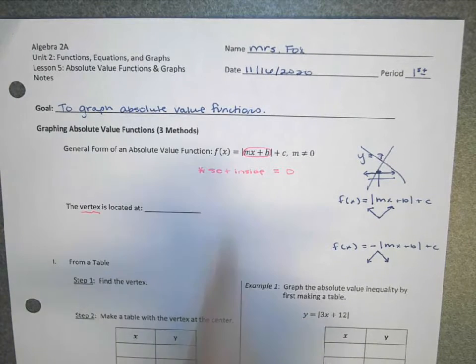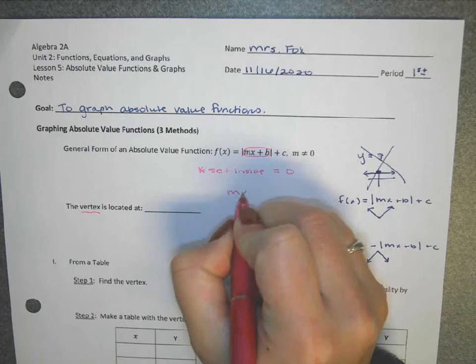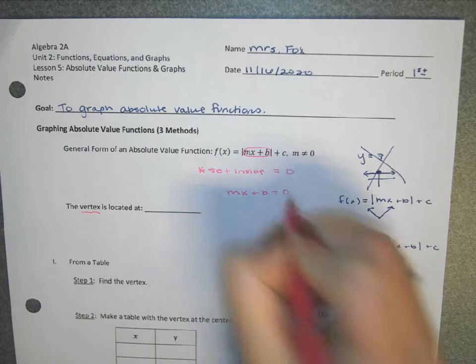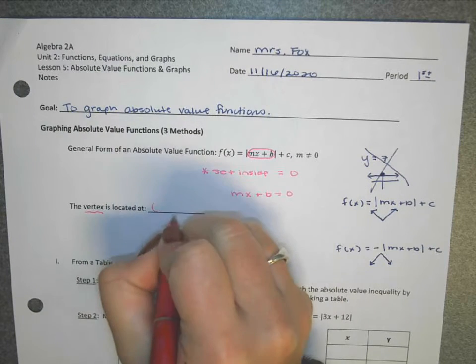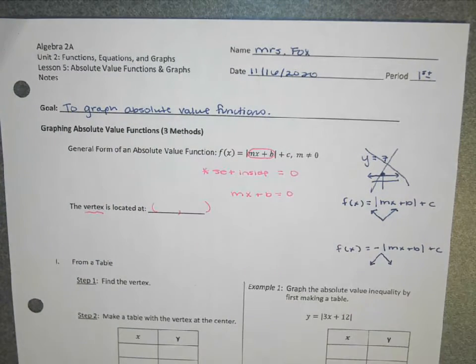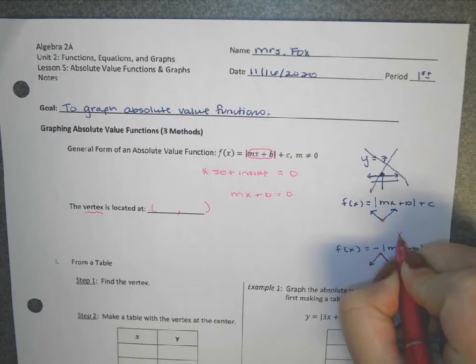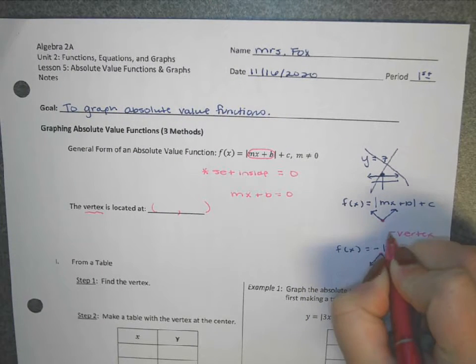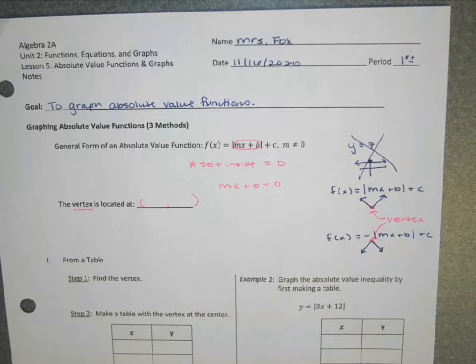So in this case, if I want to find the vertex, I'm going to set mx plus b equal to 0. And then we want to know what our vertex is. Now the vertex is the point of the v. Whether it's the top or the bottom of that graph, it's the point of the v, where that v comes together and forms that point.